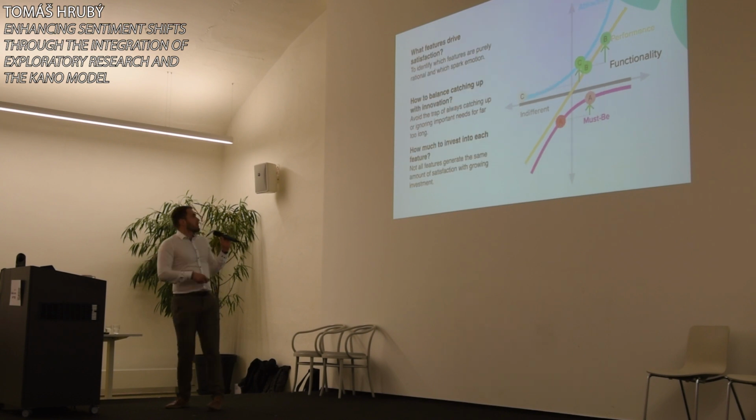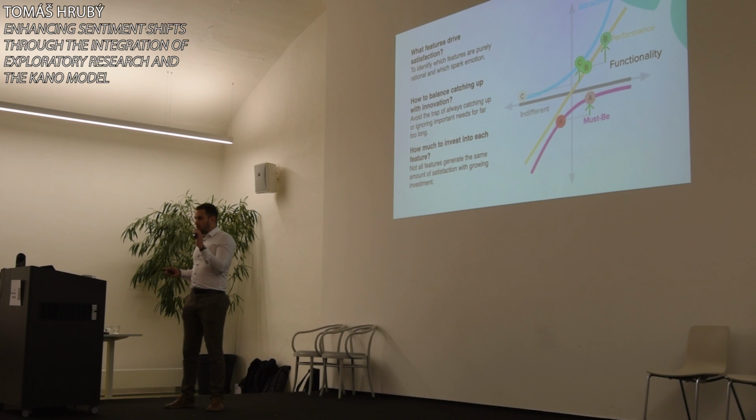So, circling back to those 3 questions, how can the KANO Model help you as a product manager? It can first help you uncover the satisfaction level, or how the perception changes, not only the purely behavior, and then it helps you balance the priorities in the roadmap.